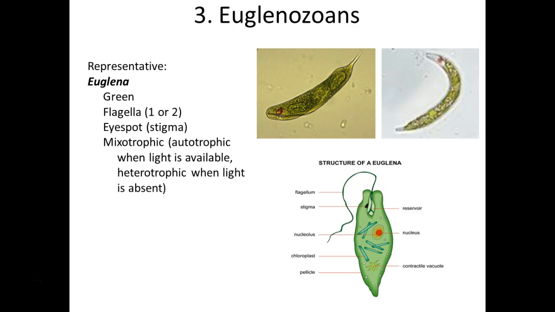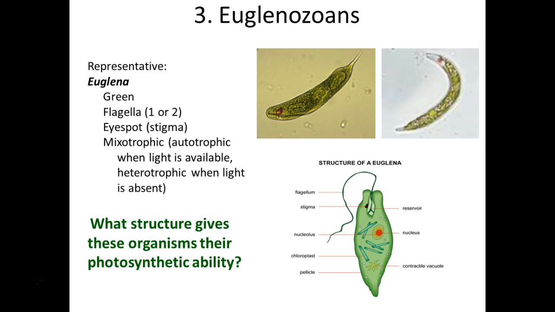They can photosynthesize, so they're autotrophic. They use light energy and carbon dioxide to make their own food when light is available. When it's not, they'll be heterotrophic and engulf and eat other organisms. So this is one of those guys where you wonder, is it a plant or is it an animal? Well, it's kind of its own classification. It does both.